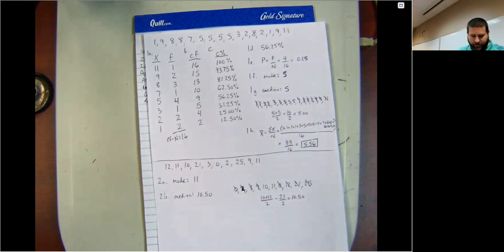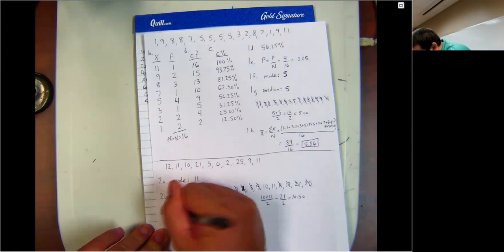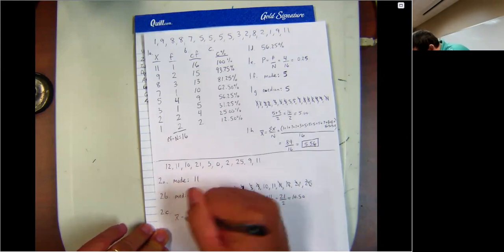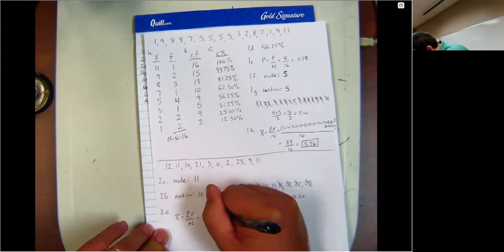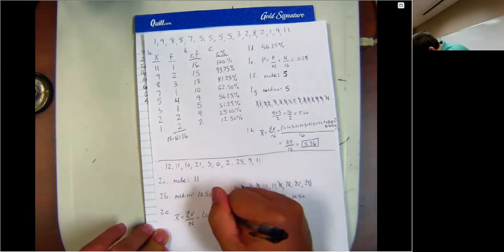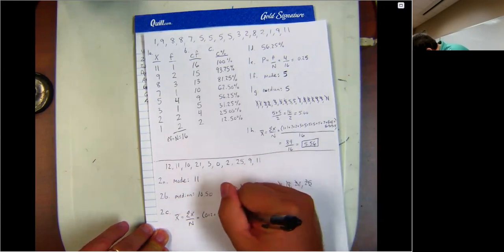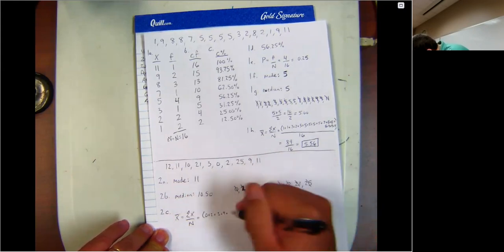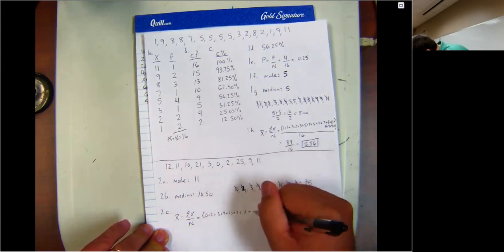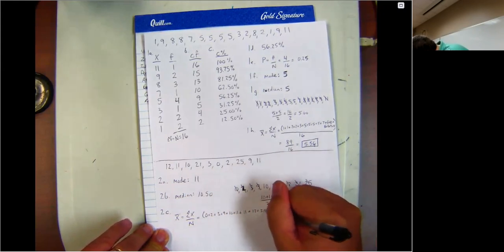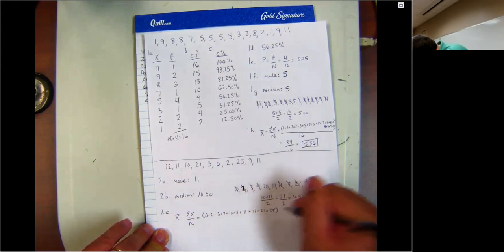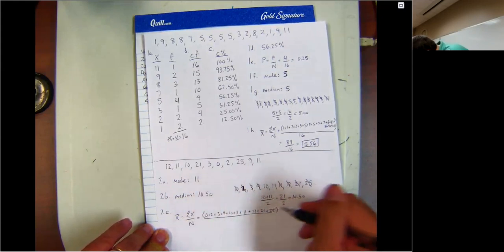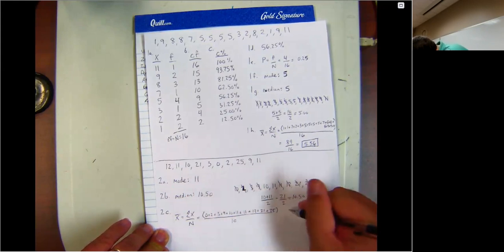Now, what is the mean of the distribution? 2C. That's x bar equals the sum of x over n. The sum of the x's: 0 plus 2 plus 3 plus 9 plus 10 plus 11 plus 11 plus 12 plus 21 plus 25, divided by n of 10.